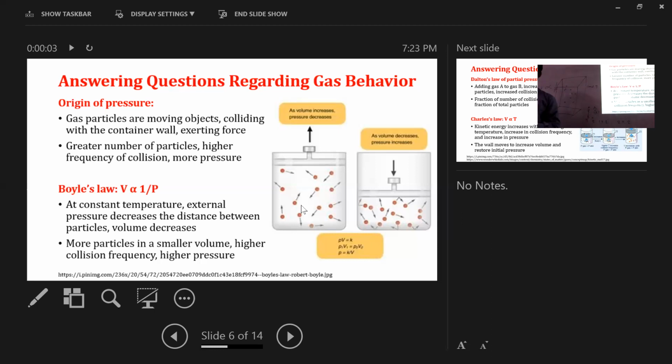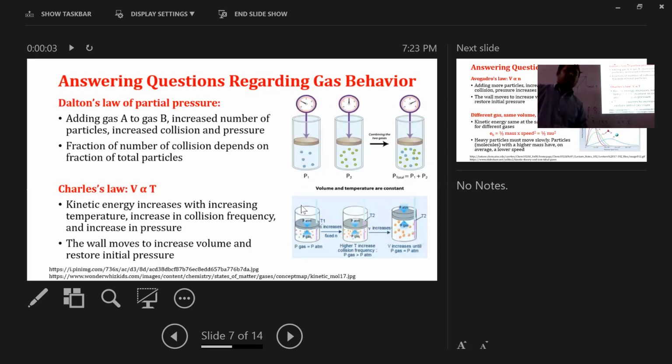So the number of collisions will be less if the volume of the substance is large. Okay, so we can consider it both ways. If the pressure increases, the volume decreases, or if the volume increases, the pressure decreases.